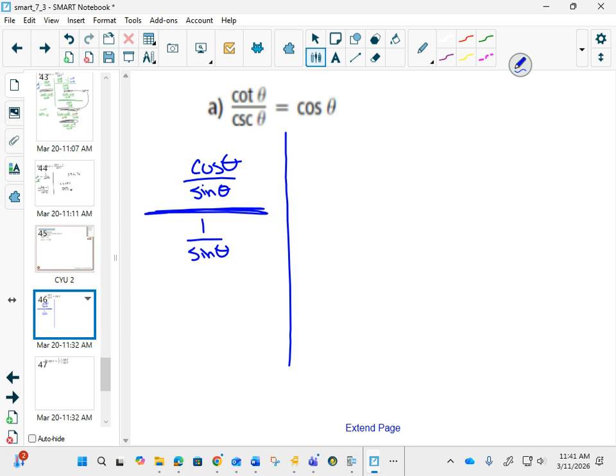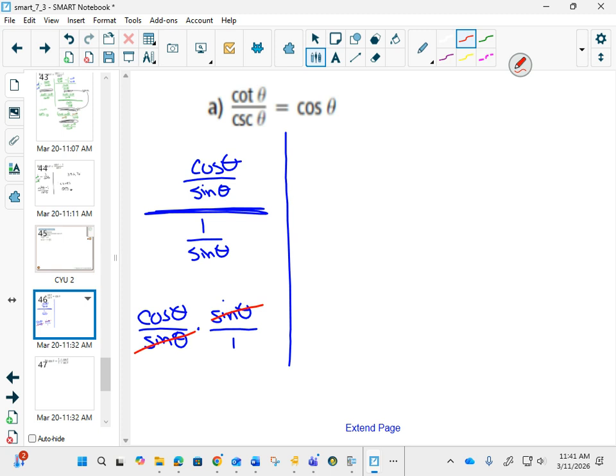What do I have? I have a fraction divided by a fraction. What can I do with that? I can multiply by the reciprocal. So rewrite the first one, change to multiplying, flip the second one. If you're multiplying and you have two factors that are the same, they can cancel right out.